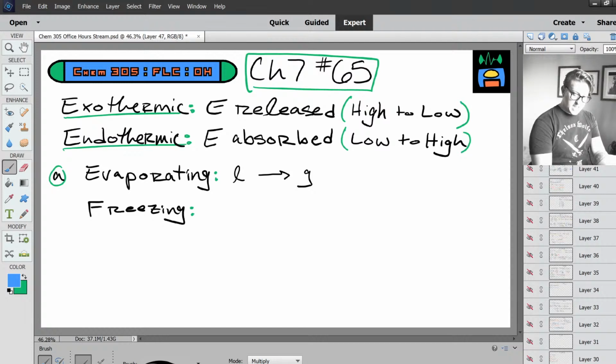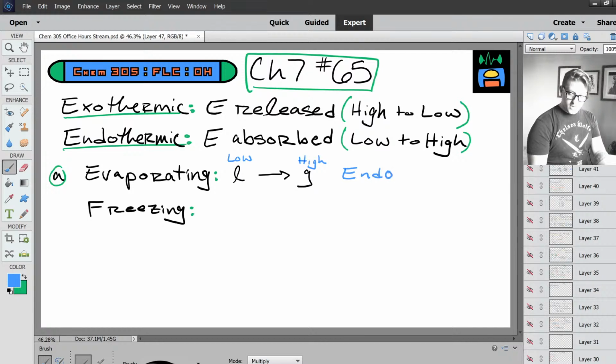Gas phase is high. And liquid phase is low. So if you're moving from low to high, that makes this endothermic.